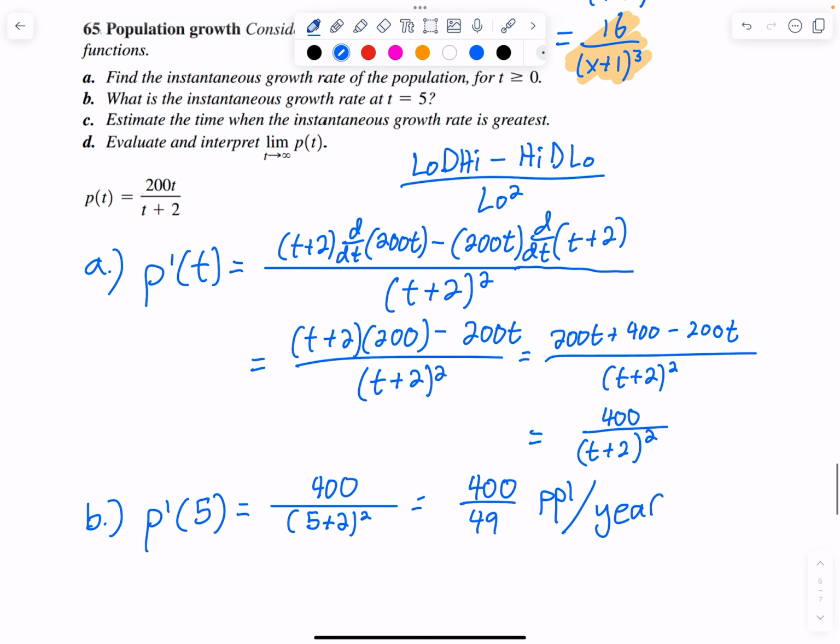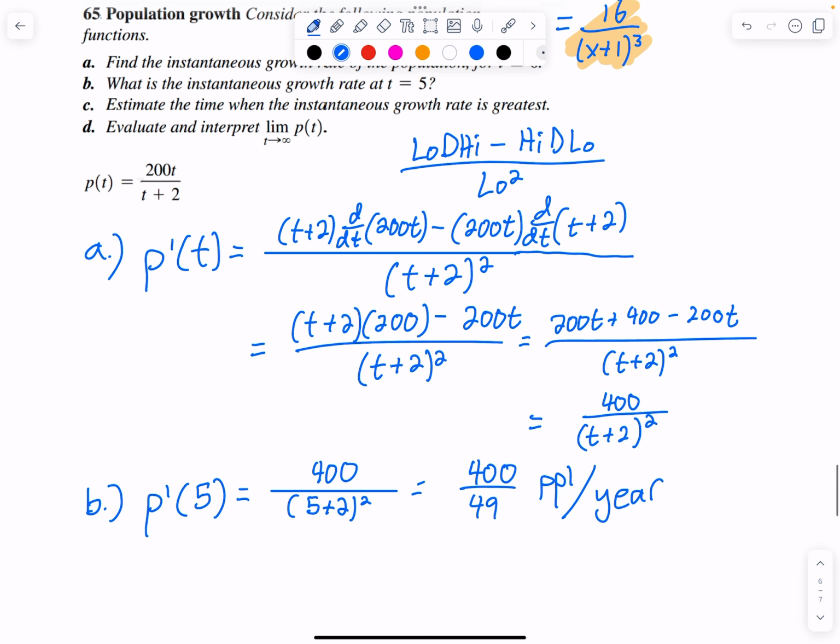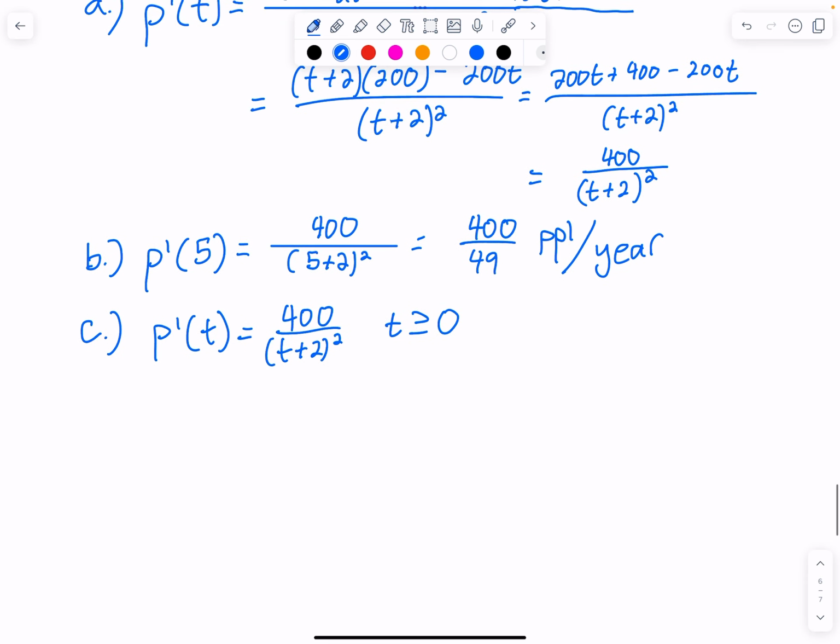C says estimate the time when the instantaneous growth is the greatest. So we're looking at P prime of t equals 400 over t plus 2 squared, and this is only for t greater than or equal to 0. I want you to notice as t gets bigger, my denominator is going to get bigger because I'm going to add 2 and square it. So it's the biggest when t is the smallest.